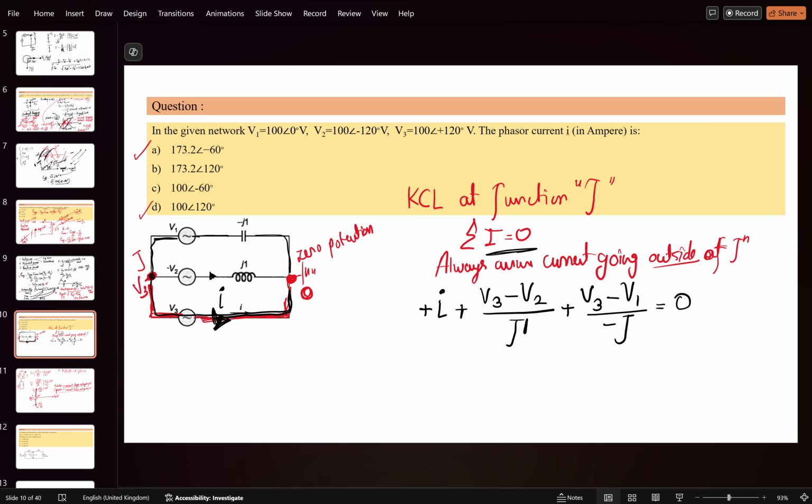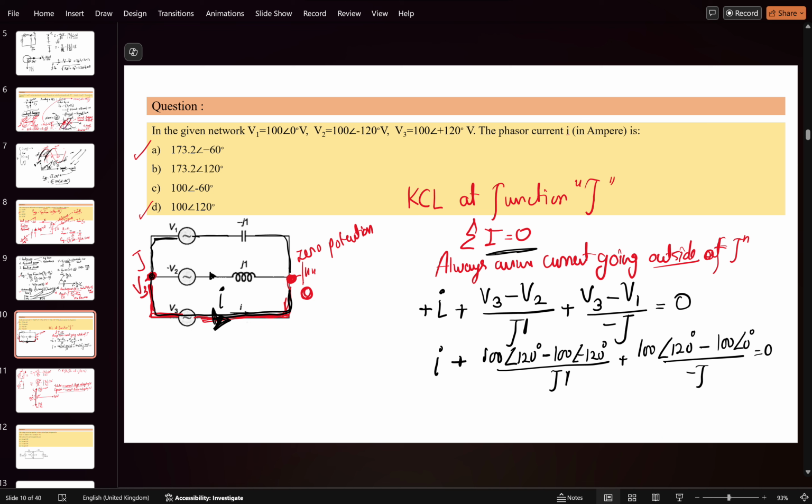Let's put in the values. V3 is 100 angle 120 degree, minus V2, which is 100 angle minus 120 degree, divided by J1, plus V3, 100 angle 120 degree, minus V1, which is 100 angle 0 degree, divided by minus J, equal to 0.